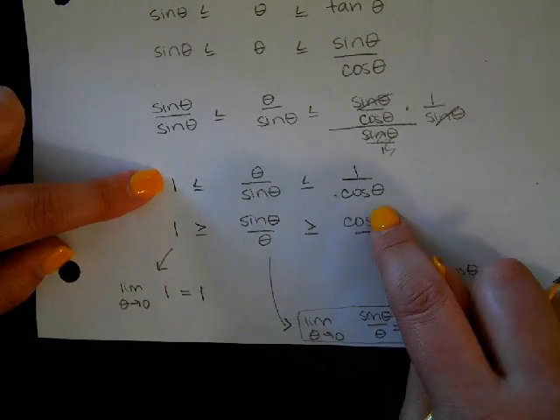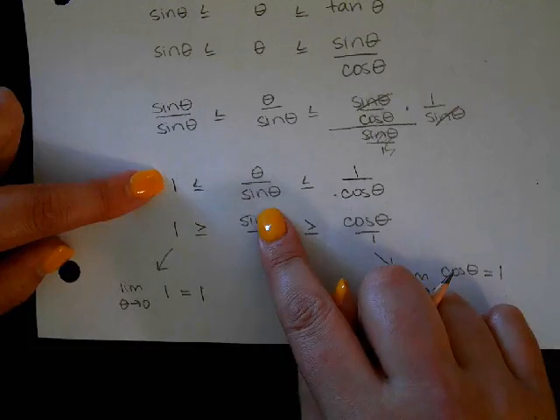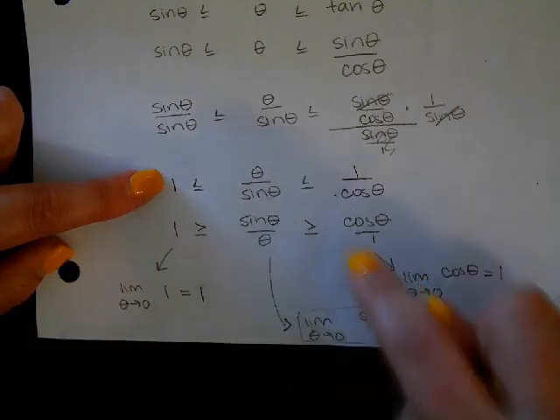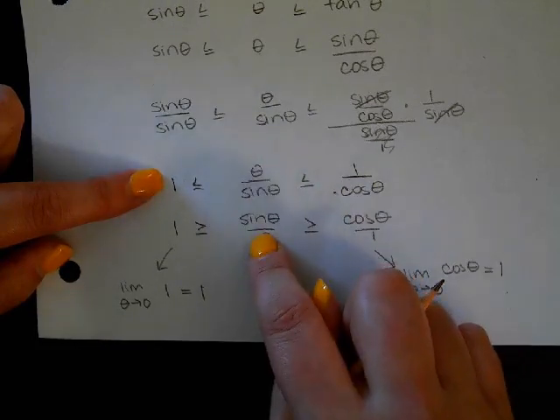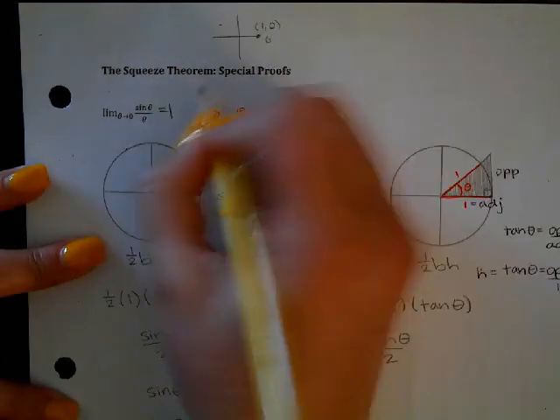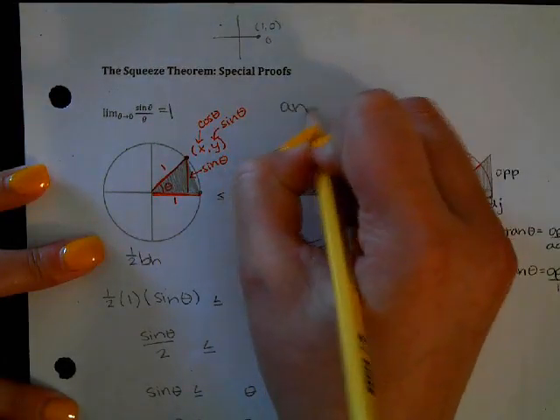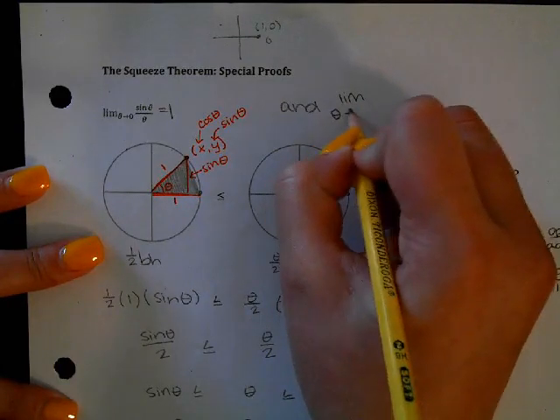So what is the limit as theta goes to 0 of theta over sine theta? It's still 1. So it doesn't matter which version you have, no matter what, it's 1. We're going to write this at the top of our page. This equals 1, and the limit as theta goes to 0 of theta over sine theta is 1.